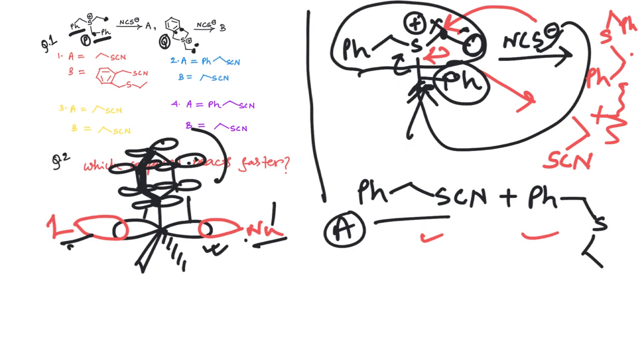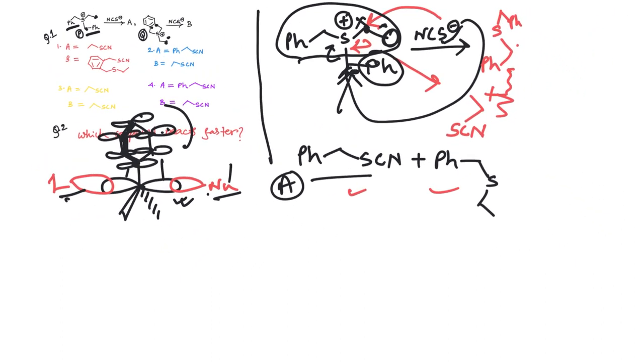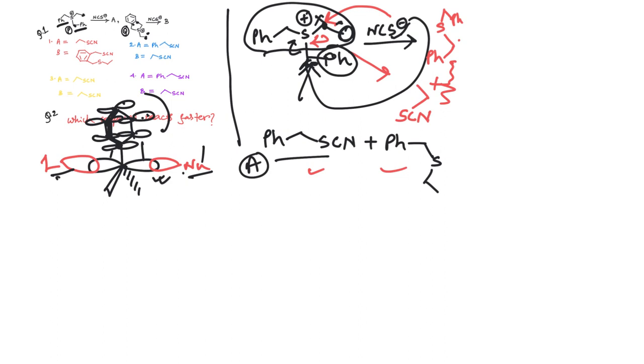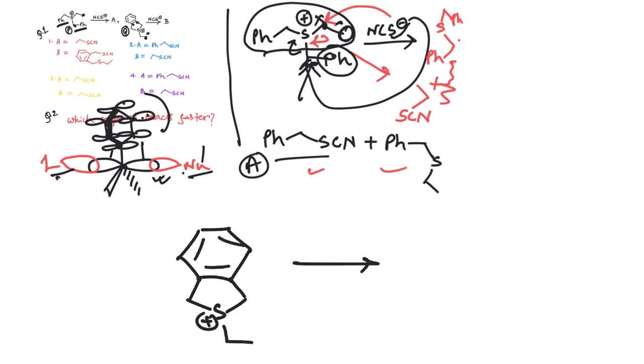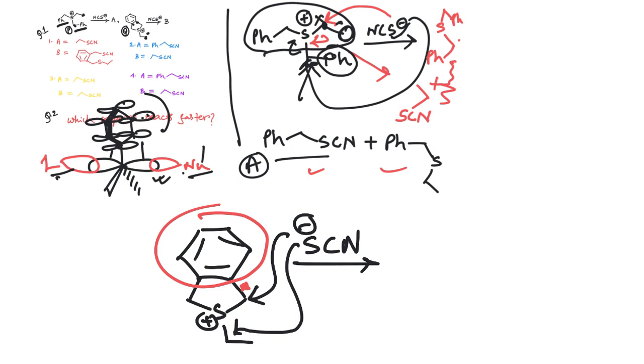Now what about the other molecule? The other molecule is this one, where you have this sulfur and this ethyl, this plus charge. Here again SCN minus can attack either over here or over here. You can think that when it is attacking on this center, the same kind of stabilization can happen from this pi orbital set, which is not possible when the attack is taking place here.